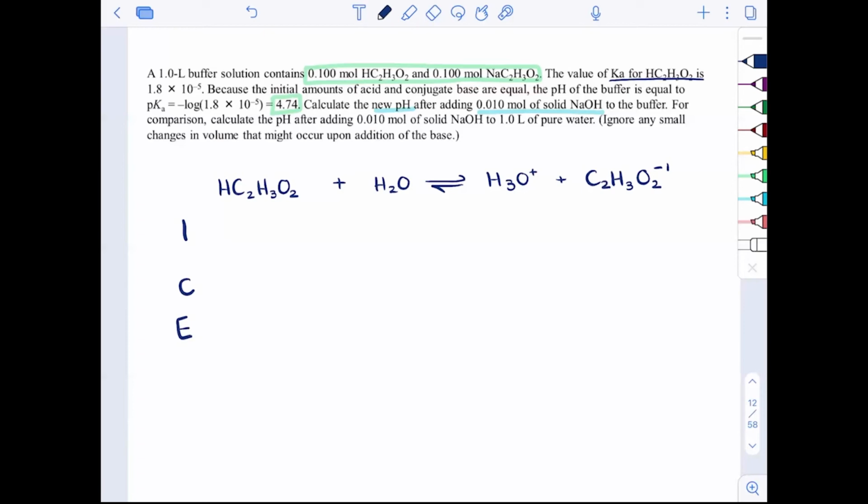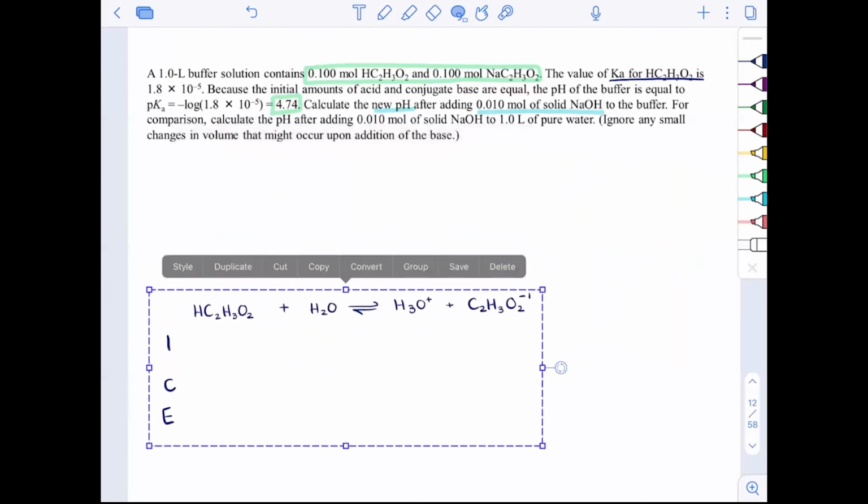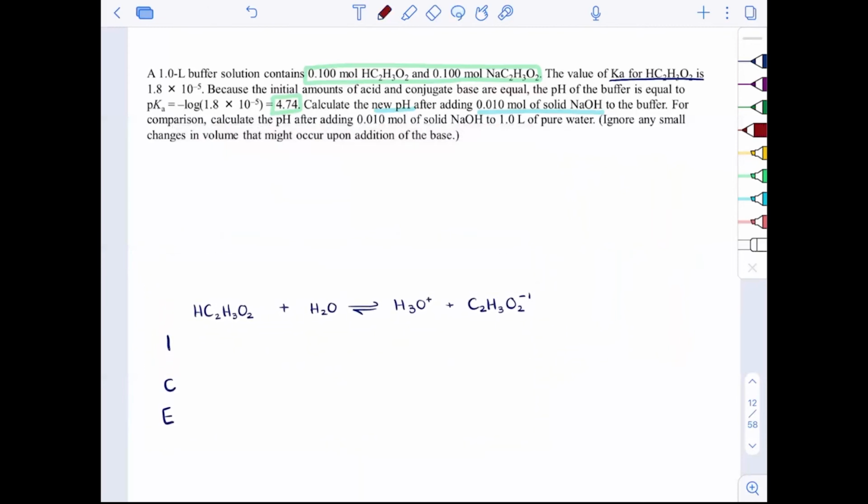But here's the question. Well, how much of our acid and conjugate base are we going to start with? Well, we have to think, we're adding sodium hydroxide. So which component of the buffer is sodium hydroxide going to react with? This is a base, which means it has to react with an acid.